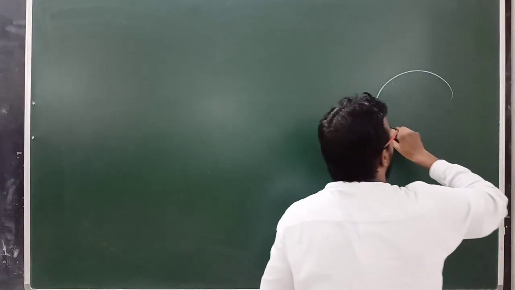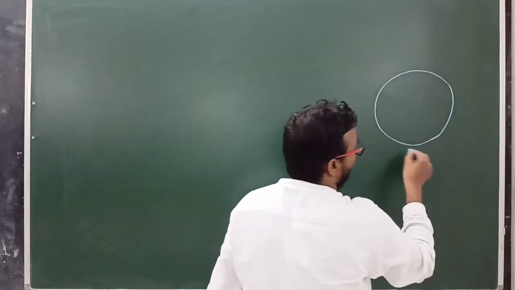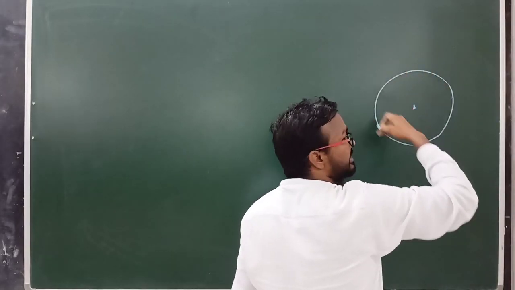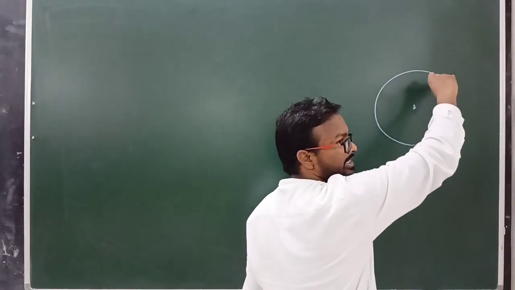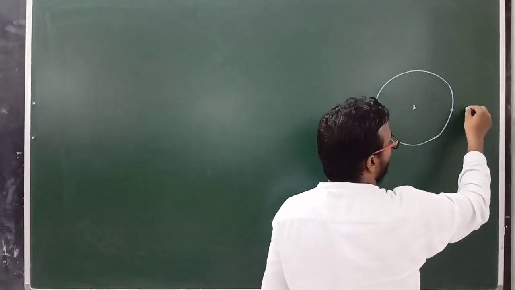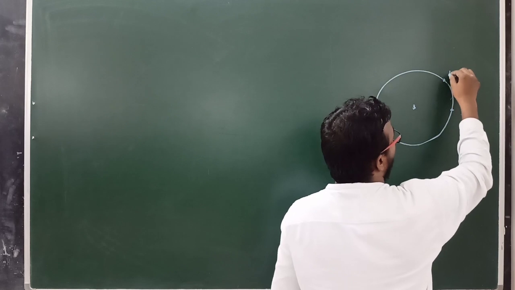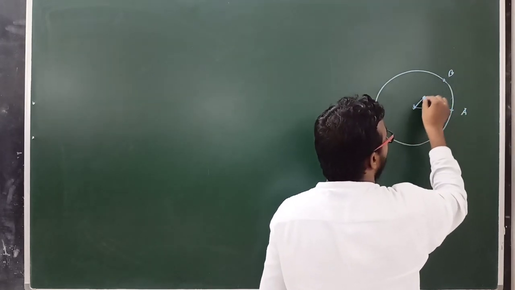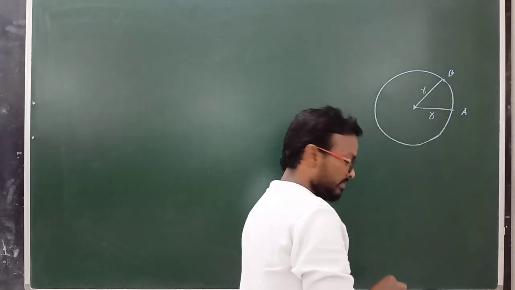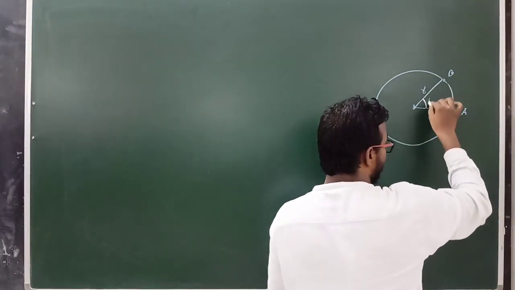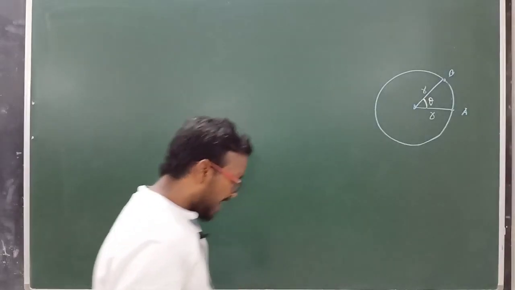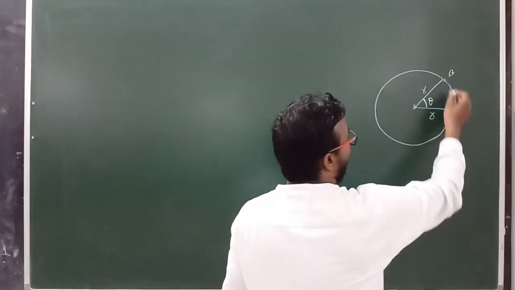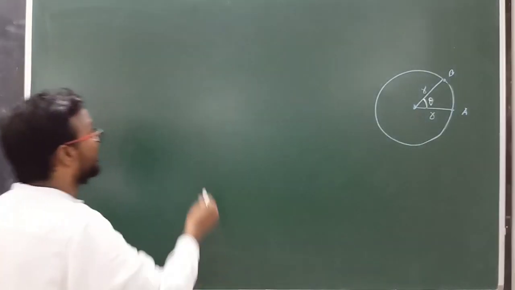This is the circular path and this is the center. There are two points: suppose this point is A and another point is B here, and this is the radius r, and this is also radius r, which makes an angle theta. Now find the average speed between A and B.